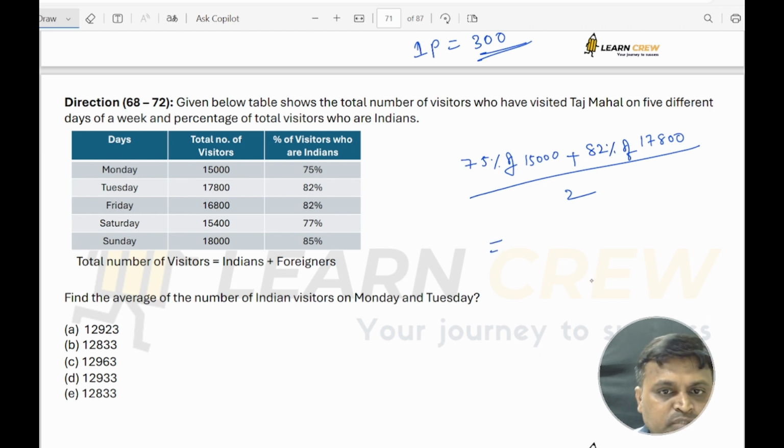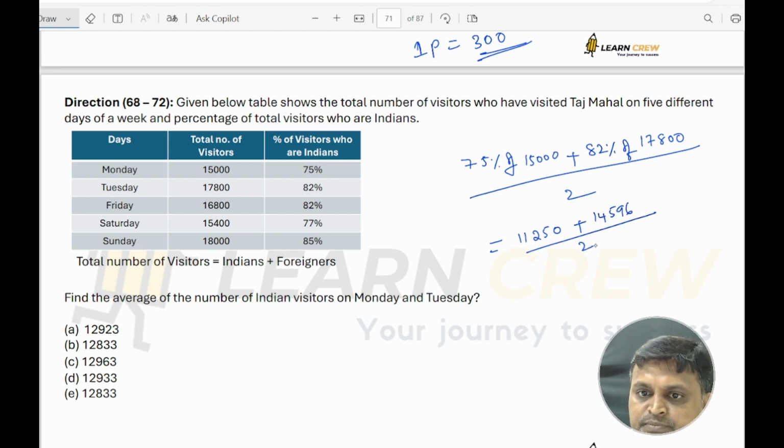75% of 15,000 is 11,250. And 82% of 17,800, if you simplify, is 14,596.